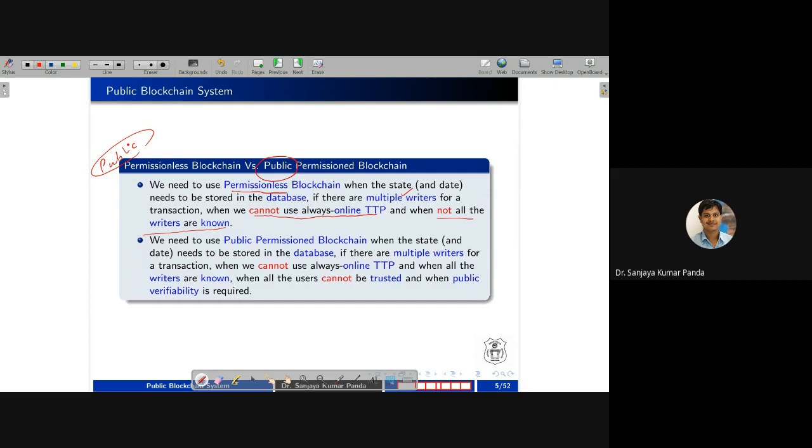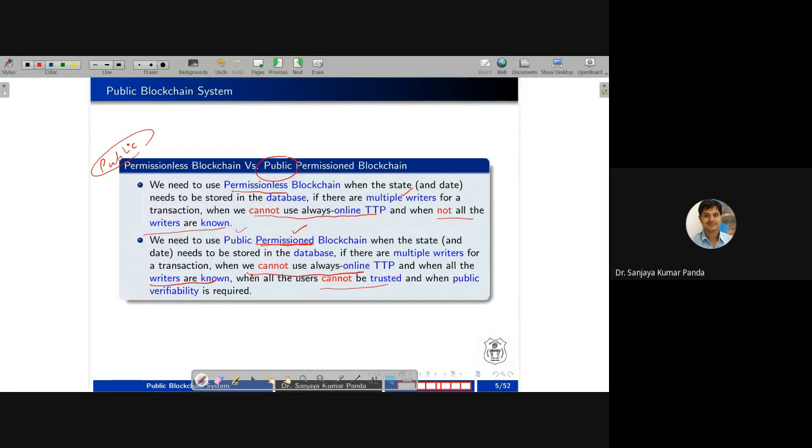But when you go for public permissioned, you have to take permission to be a part of that particular chain. There also you don't have any trusted third party, but the writers are known because it is permissioned. Those who are members of that particular blockchain, everybody knows each other. They know these are the people who are going to be the writers of that blockchain. And here also all the users cannot be trusted because it is public.